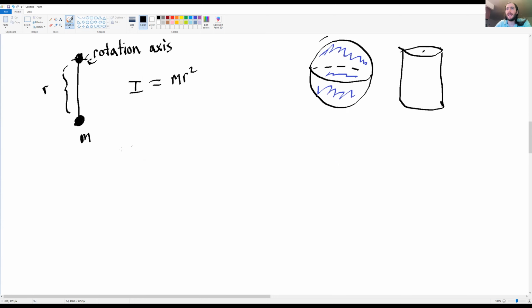If you have a ring like this, which has some mass, because all of the mass is the same distance from the center, if we're rotating about the center here, so now this is the axis of rotation.